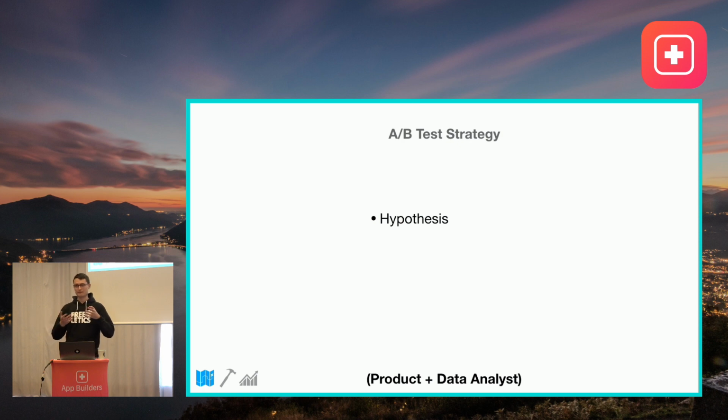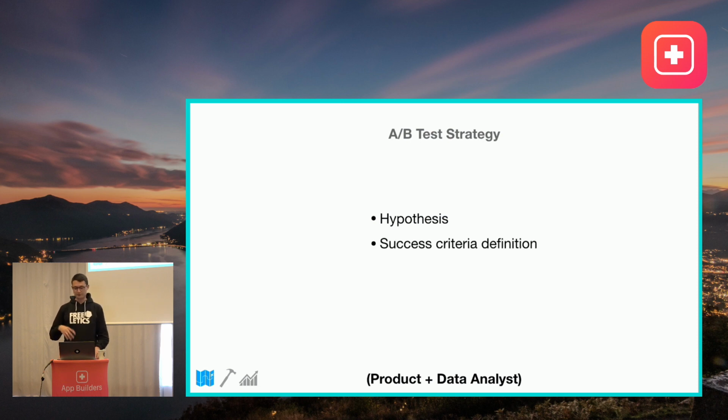For example, if you have already an A/B test running in your onboarding flow, then probably it's not a good moment to build one more A/B test on top of the same flow, because they will intersect with each other and it will not be a good idea.